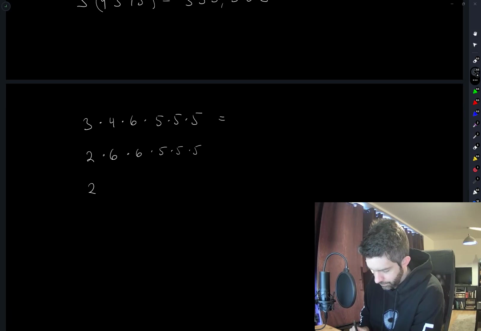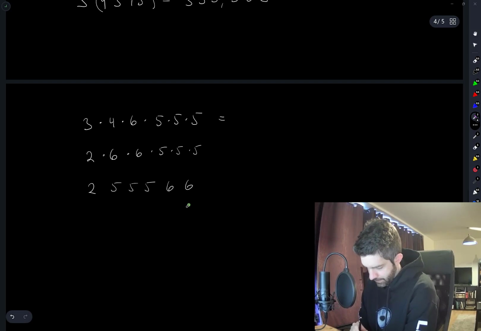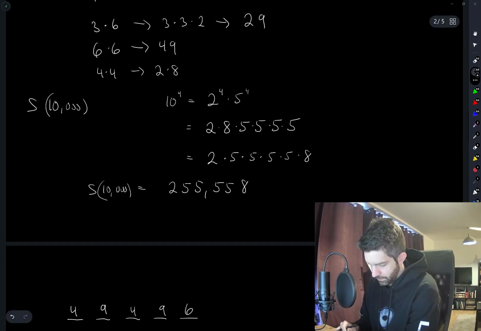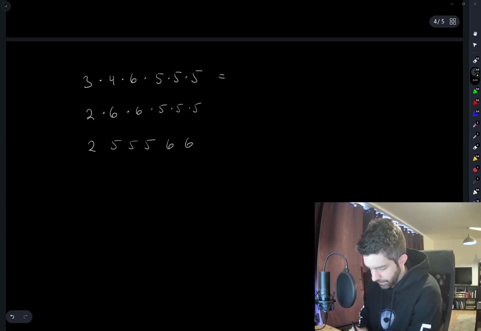And the output is 2, 5, 5, 5, 6, 6. And 6 times 6 is the same as 4 times 9. So this becomes 2, 4, 5, 5, 5, 9.